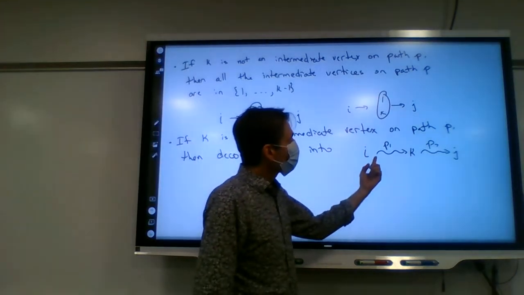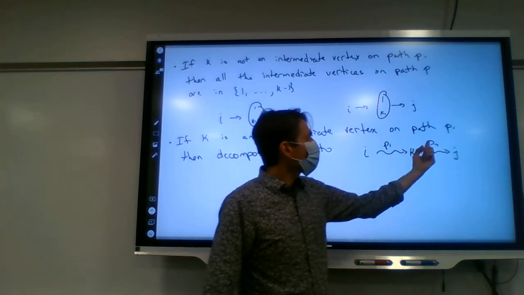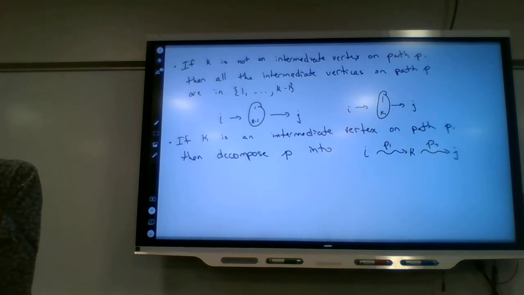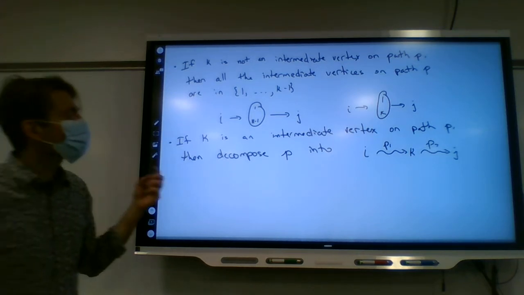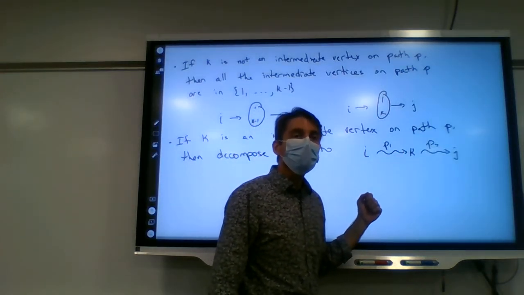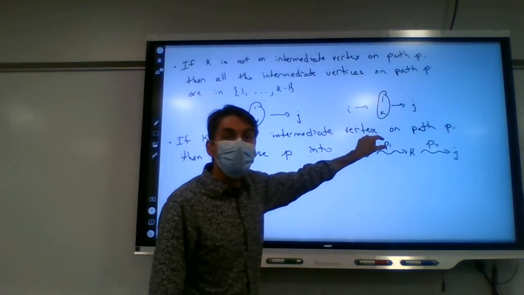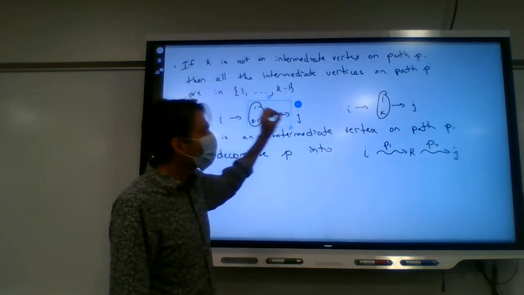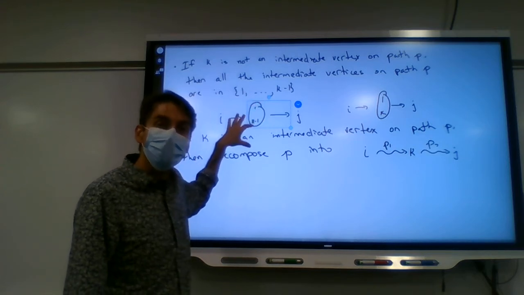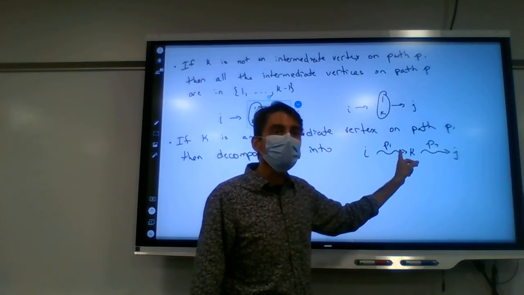Now what do we know? All of this and all of this involve vertices from where? The vertices in path P1 are from where? The intermediate vertices are from 1 to K minus 1, because we already took out the involvement of K in that issue.